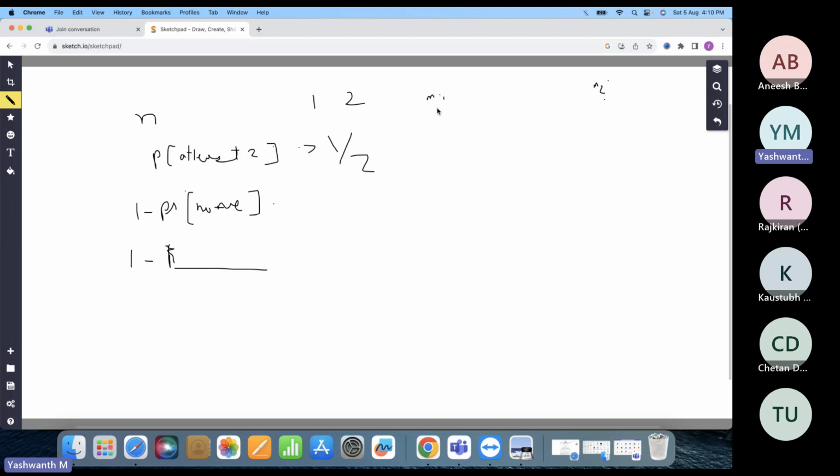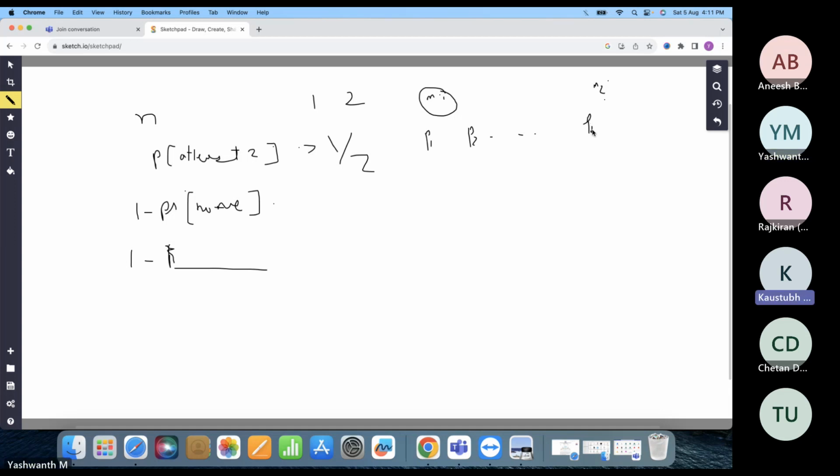All the persons can have their birthdays in one month, or none of them can share. So you have person one, person two, and so on, person n.